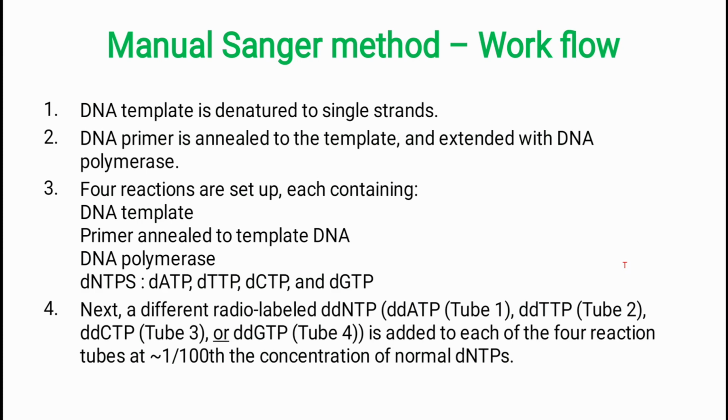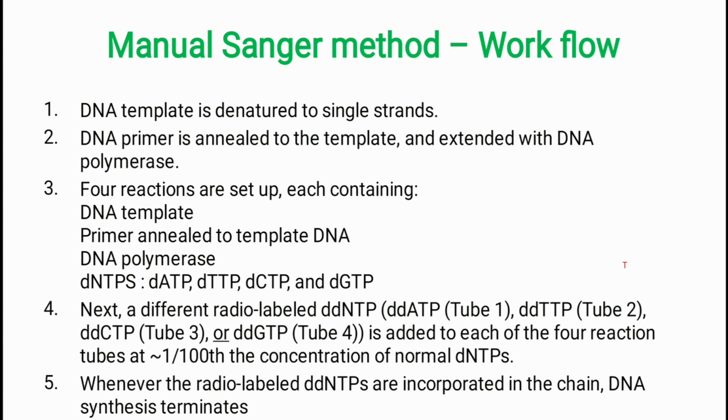For example, ddATP in tube 1, ddTTP in tube 2, ddCTP in tube 3, and ddGTP in tube 4 is added. Generally, the ratio of ddNTP added is up to 1/100 proportion of the dNTP concentration we added in the reactions.